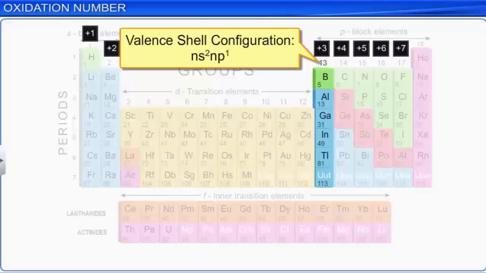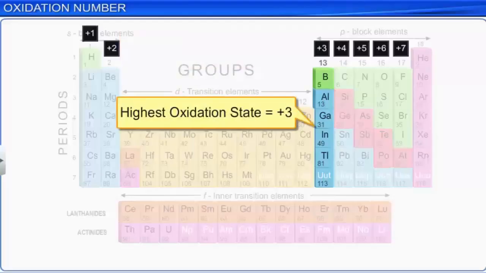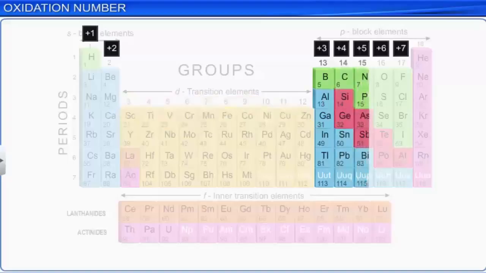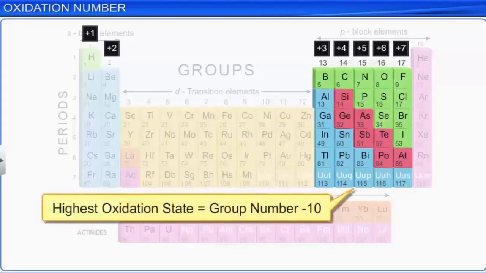They have 3 electrons in their valence shell that they can lose to obtain their octet configuration. Hence, the group 13 elements exhibit highest oxidation state of +3 in their compounds. The same trend applies to all elements from the 13th to the 17th group. In other words, the highest positive oxidation number for p block elements is equal to the group number minus 10.